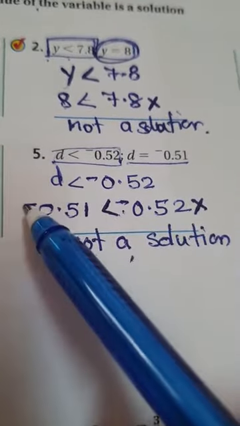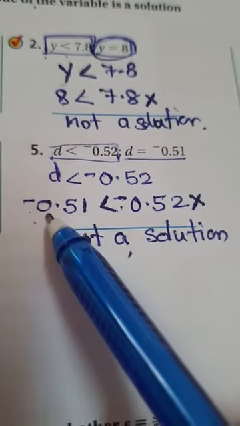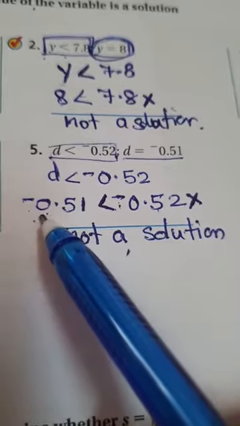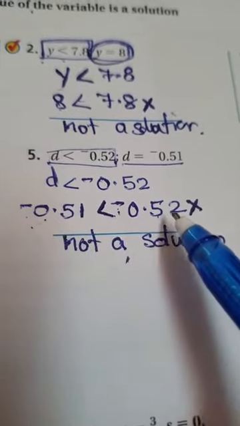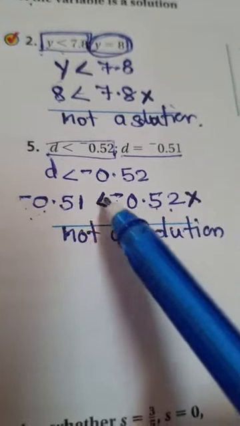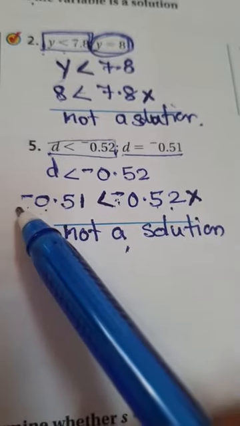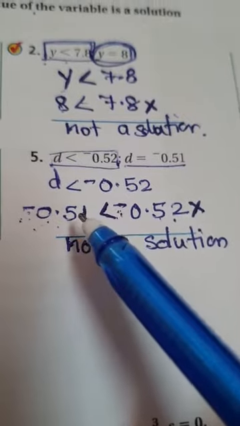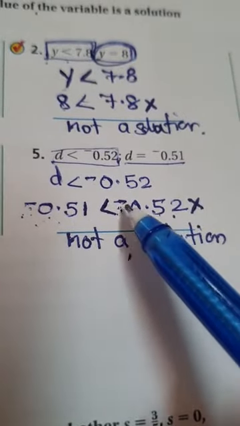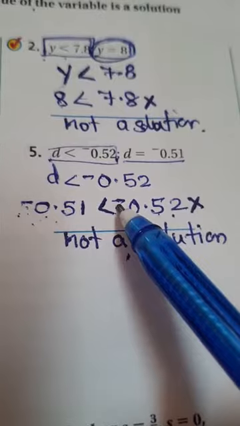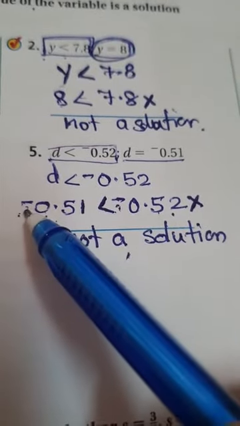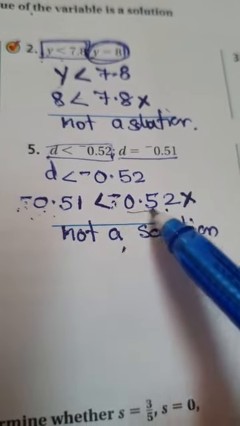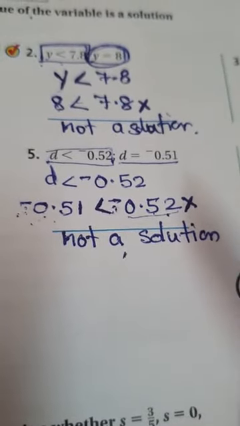Okay, now if there was no negative sign, it's going to be 0.51 and 0.52. So if no negative, 0.51 is less than 0.52, but here we have two negative signs, which means the smaller number with the negative sign is always greater than the bigger number with the negative sign.